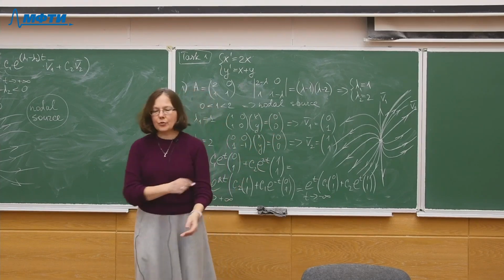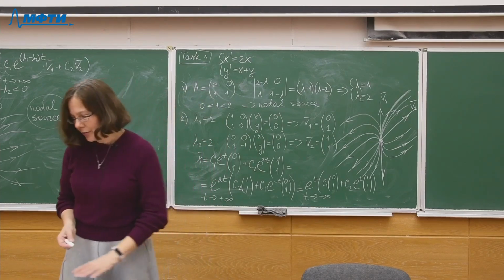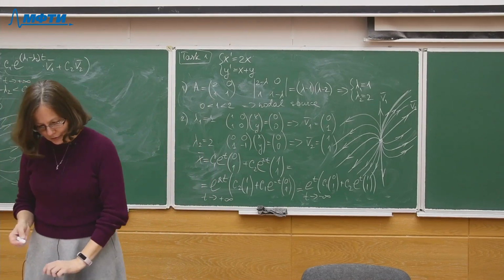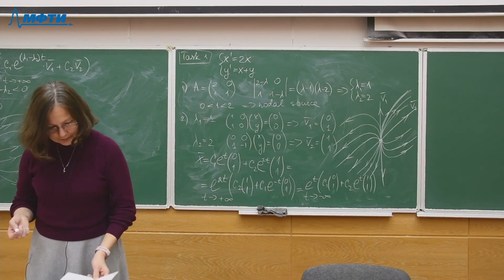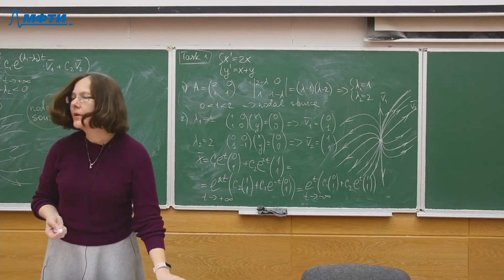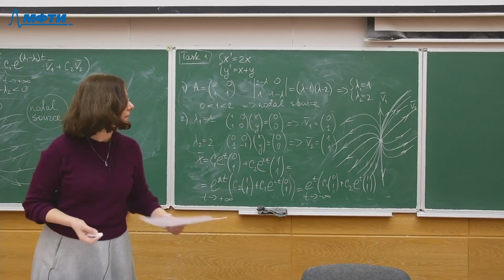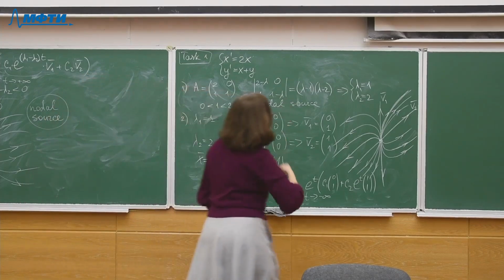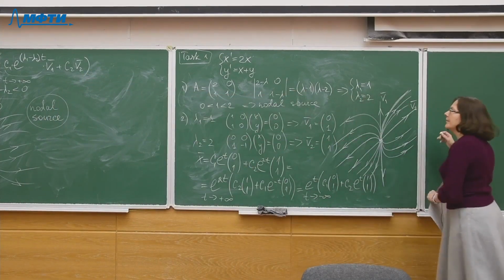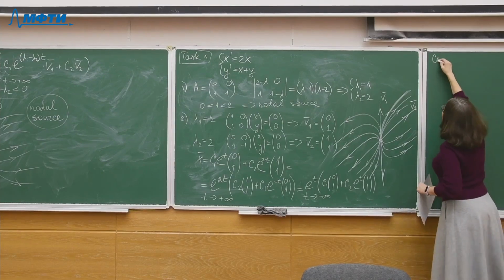Well, let's go further. Now we will move on to case number 2. Real eigenvalues of opposite signs. So I will use that part of the board. So case 2.